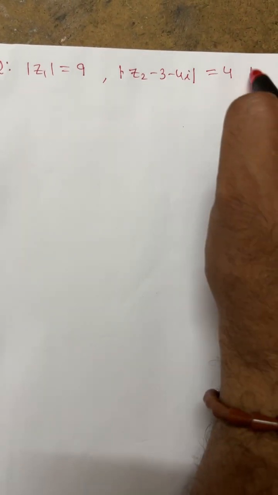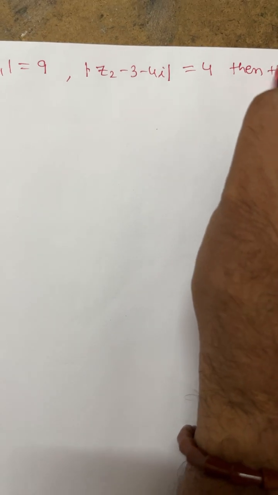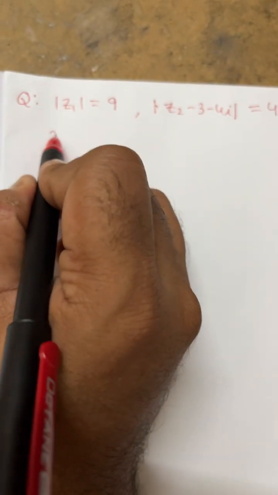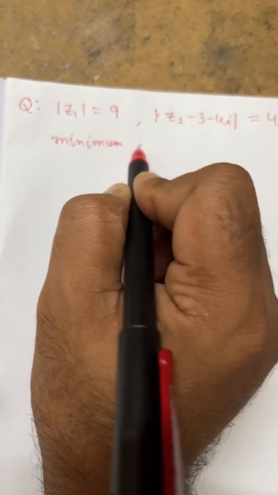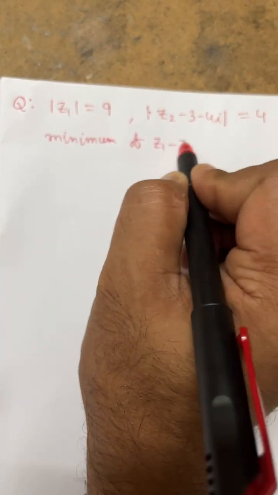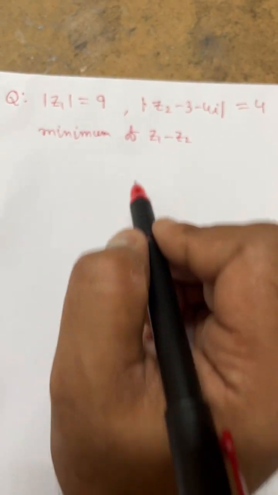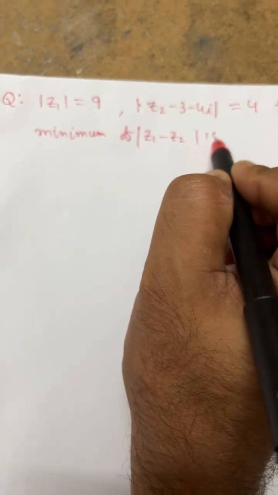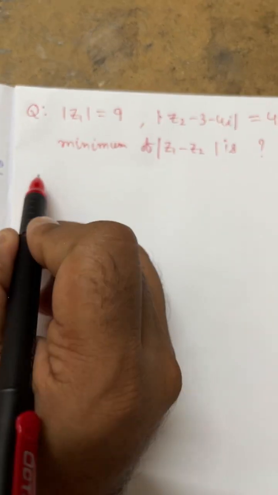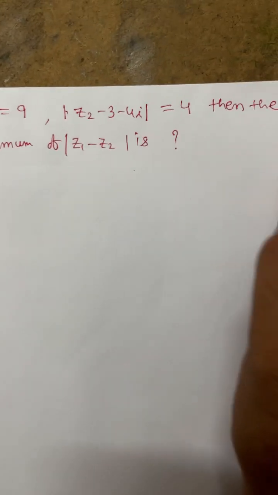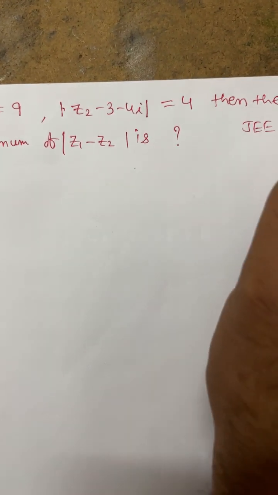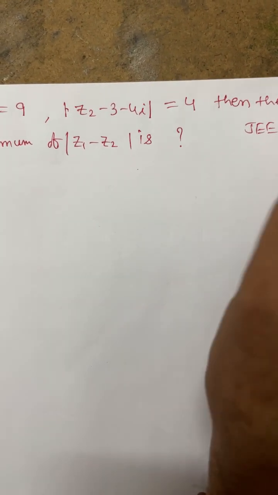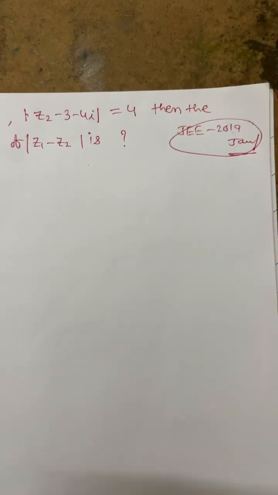Then the minimum of mod z1 minus z2 is question mark. Even this question was in JEE Mains 2019, January session, dear students.